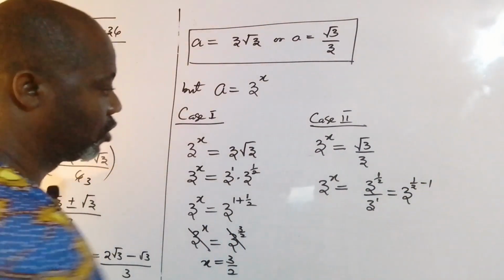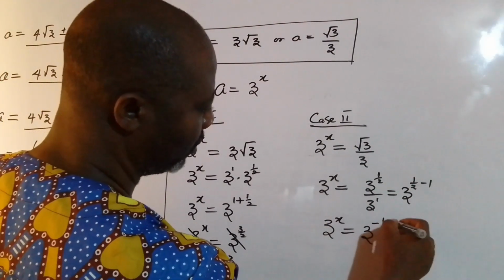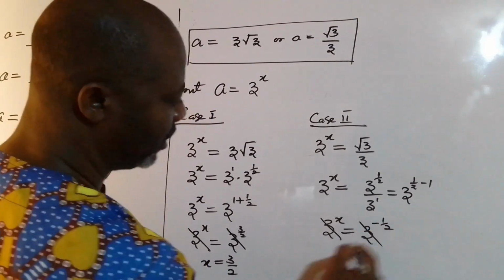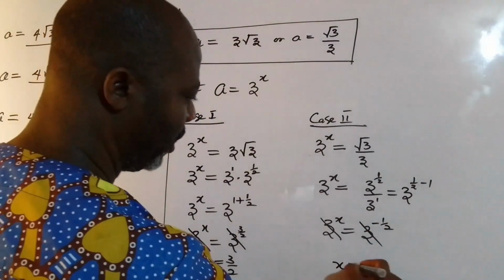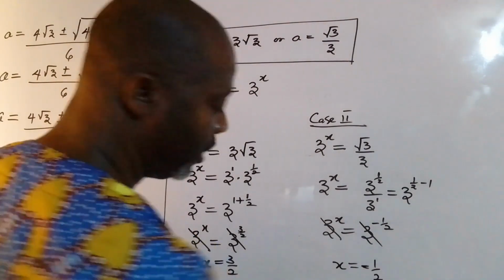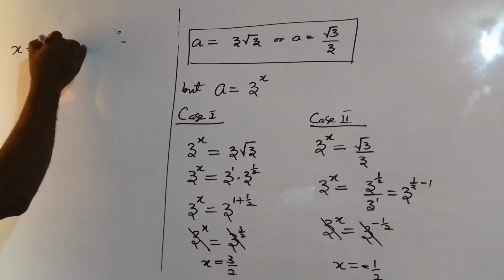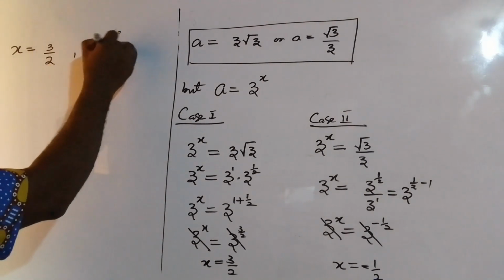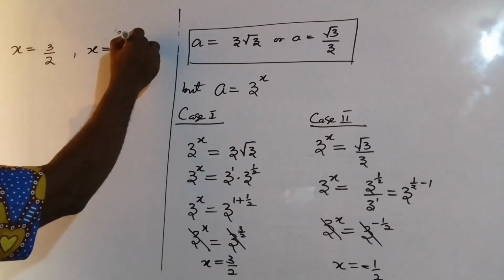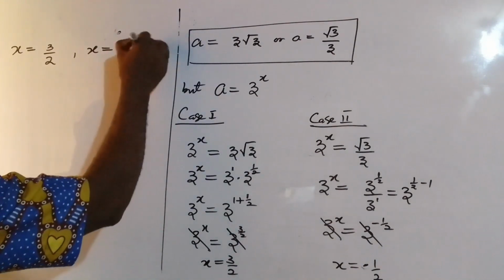So we have 3 to the power of x equal to 3 to the power of minus half. The bases on both sides are the same, so x will be minus 1 over 2. Therefore, guys, the result will be x equal to 3 over 2 and x equal to minus 1 over 2.